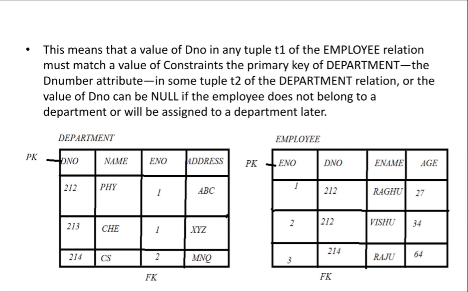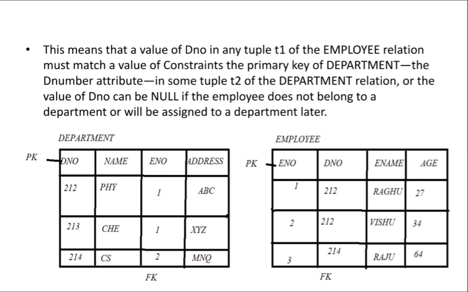And one more important thing: foreign key values can be repeated, but primary key values can't be repeated. The department number, the primary key of the department, is not repeated. But when you use department number as a foreign key in the employee table, the values can be repeated. Employee 1 belongs to department number 212, and employee 2 also belongs to department number 212.